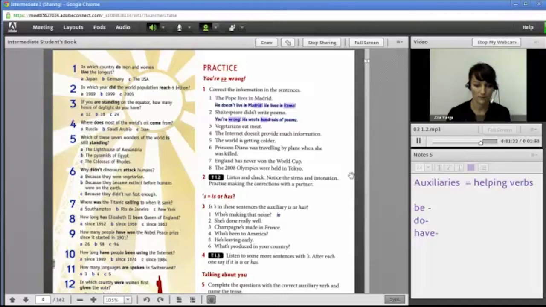England has never won the World Cup. England has won it. Just once. I think it was in 1966. My dad goes on about it all the time. 8. The 2008 Olympics were held in Tokyo. No, they weren't held in Tokyo. They were held in China, in Beijing.